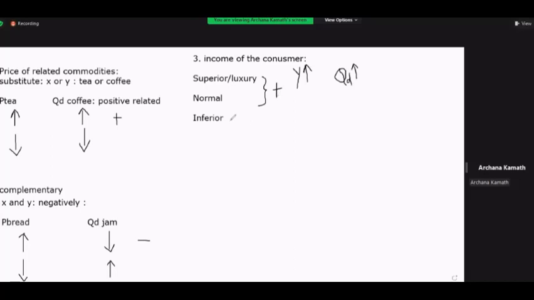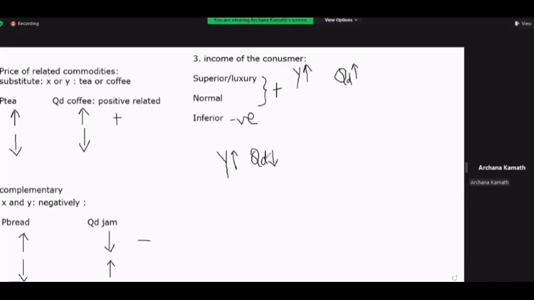But with respect to change in the level of income, if your demand is moving in the opposite direction, that is, when your income has increased and the demand for a particular commodity has fallen, then that kind of commodity is known as an inferior commodity. When they move in opposite directions, one increasing and the other falling, it becomes an inferior commodity.